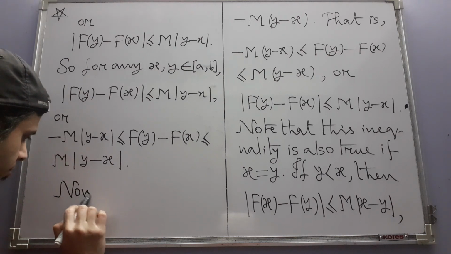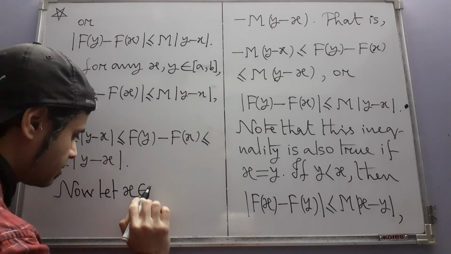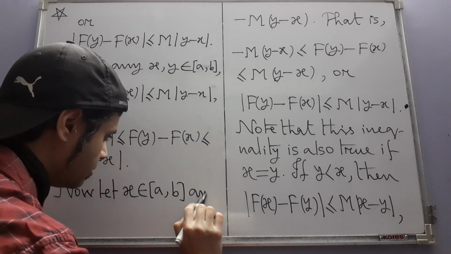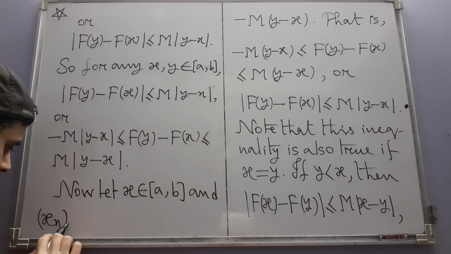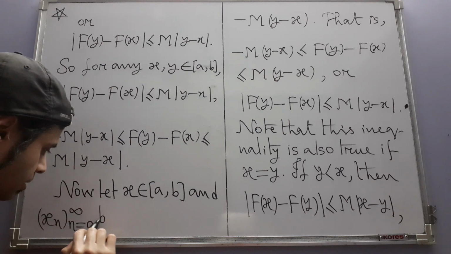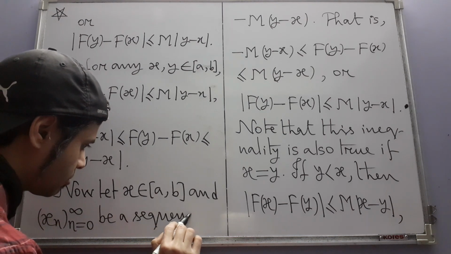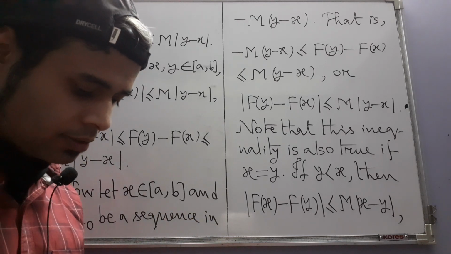Now, let x be a point in our interval and let x_n be a sequence in this interval converging to x.